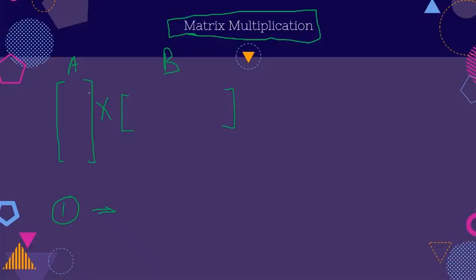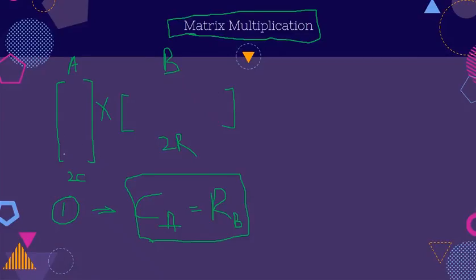In this case, the only rule we need to keep in mind is that the number of columns of A must equal the number of rows in B. So columns, I'm going to write C subscript A. Columns of matrix 1 must equal rows of matrix 2. So columns of A must equal rows of B. We must keep that in mind before we start making these matrices.